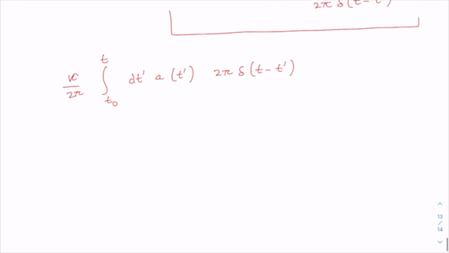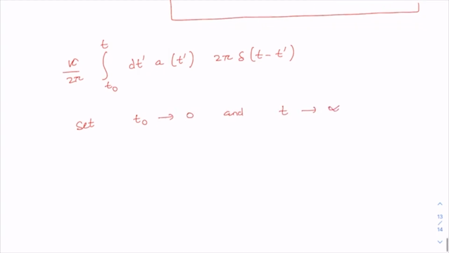Then setting t0 at 0 and the upper limit t at infinity, we have kappa integral 0 to infinity dt dash a of t dash delta t minus t dash.